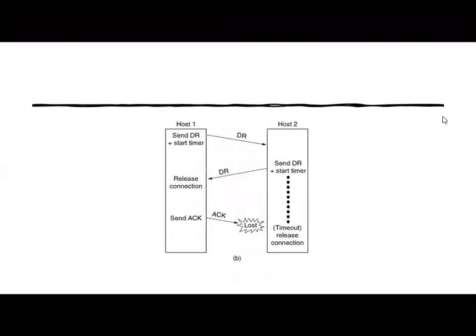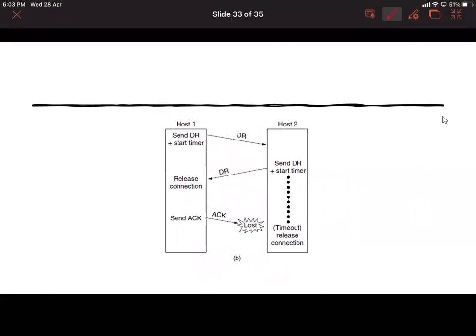So here, what we can see is how does this take place. Host 1 will send a data disconnect request and start a timer. Host 2 will send a data disconnection request, and will also start a timer.